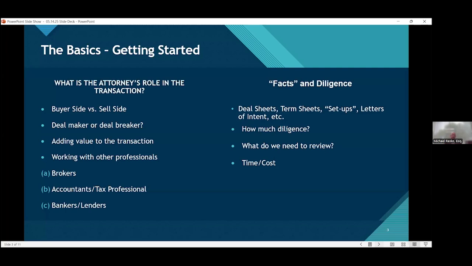Bankers and lenders are important from the buyer side in terms of financing. I'll talk a little more about that later on. Where is the money coming from for the purchase? And from the seller side, if there are encumbrances on any of the assets to be sold, there are payoffs and the delivery of the assets free and clear of any liens and encumbrances.